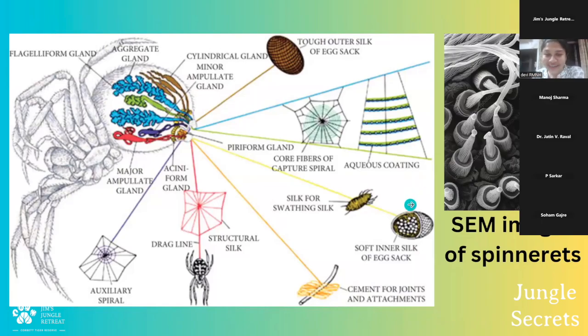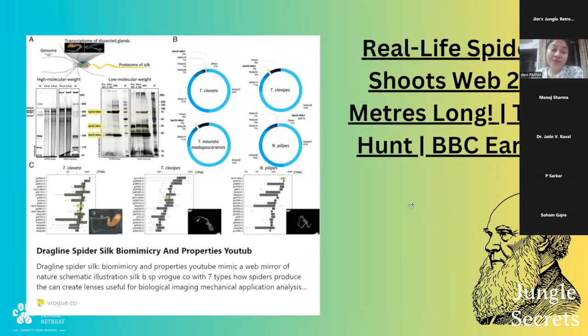So now, last time somebody was telling me about biomimicry and how this has been used in our daily lives. So yes, dragline silk has got so many applications these days. This is a very interesting link. I'll paste this link if possible in the chat box and you can see it later.